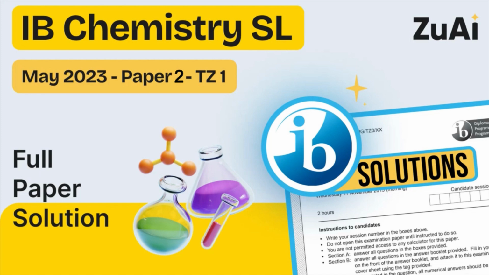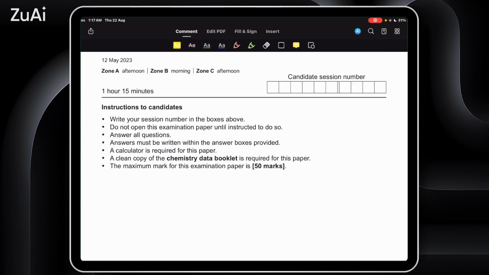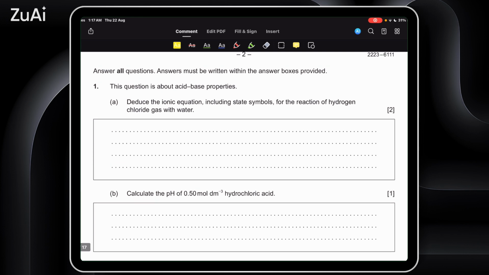So this is the paper of chemistry IB standard level SL May 2023, and it is from the time zone 1. So let's start the paper. In the first question, the question is about the acid base properties.